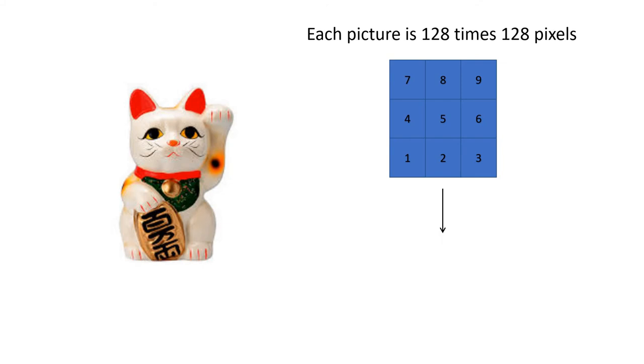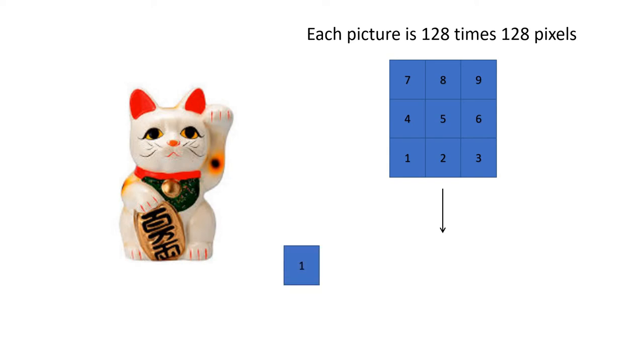And please keep in mind that every one of those pixels will be storing a gray level value, because in that example we are taking black and white pictures. So instead of 1, 2, 3 all the way to 9, we'll have certain levels of gray between 0 and 255. And those numbers over here are only for us to track how the linearization procedure will work.